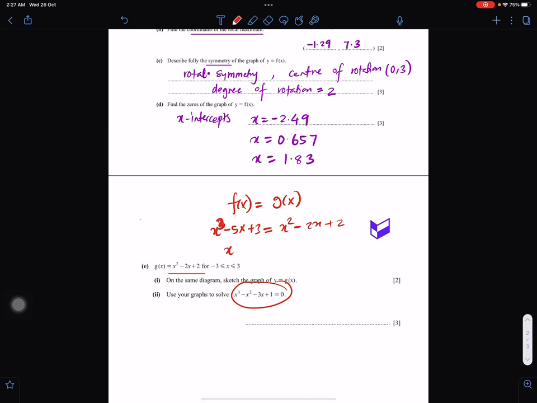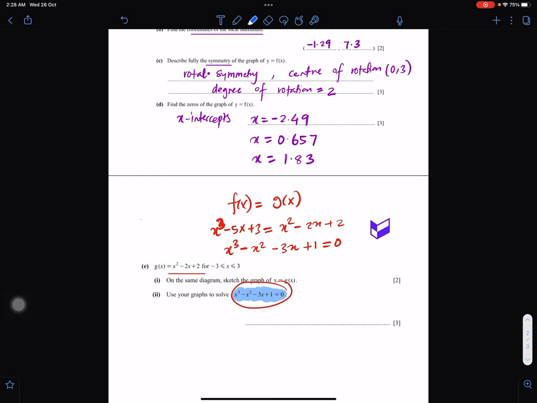So we will get x raised to 3 minus x squared on the other side. Then minus 2x moves to the left hand side, gets added to minus 5x. We will be getting minus 3x. This 2 gets subtracted from 3 on the other side. We get plus 1 equal to 0. And that's exactly what they are asking: x cubed minus x squared minus 3x plus 1 equal to 0.